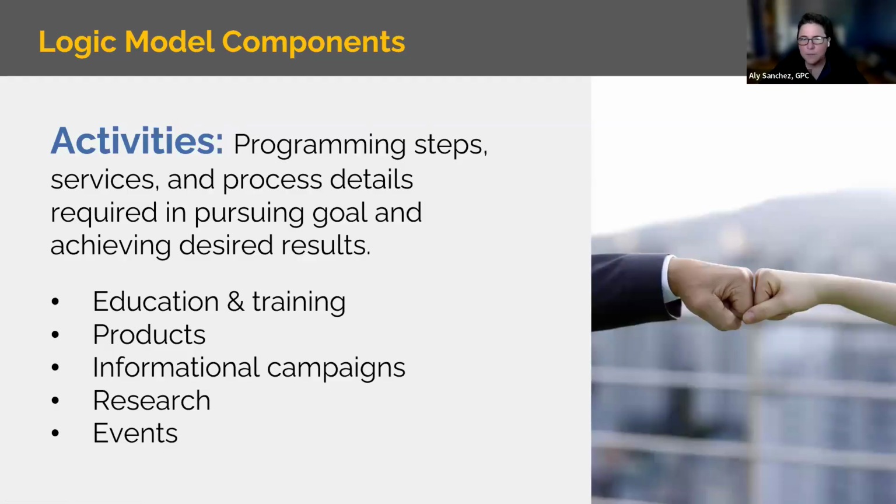Next up, we have activities. So programming steps, services, and process details that are required in pursuing the goal and achieving the desired result. So here we're getting into the grant term also. Some things might be an input, even if they're new, or might be an activity. So if, say, there's new partnerships, a key question of whether that's an input or an activity is, do you have them in place at the point where you're sort of writing the grant?